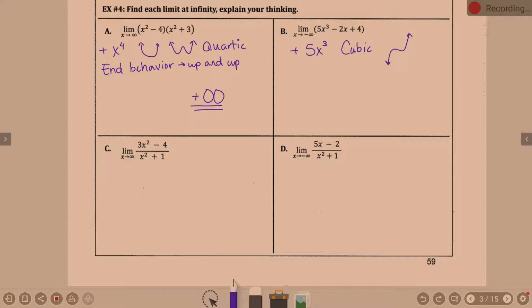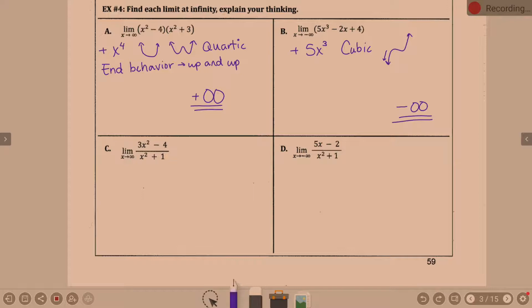What do we know here? As x approaches negative infinity, where are we going to be going? We're going to be going down, aren't we? So we're going down to negative infinity. So I have written: a cubic function with a greater than 0 will fall as x approaches negative infinity.